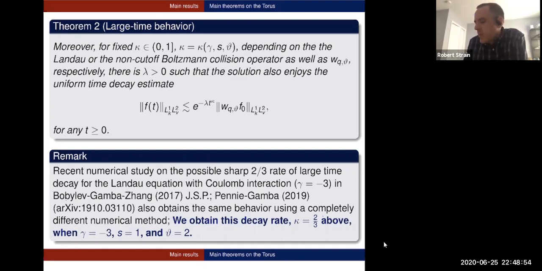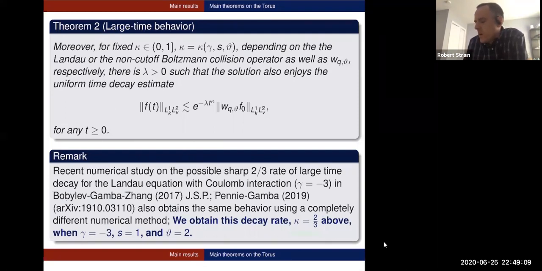But Sobolev, Gamba, and Zhang, and also Penny and Gamba, in two different numerical papers with two different numerical methods, observe that the decay rate appears to be kappa equals 2/3.